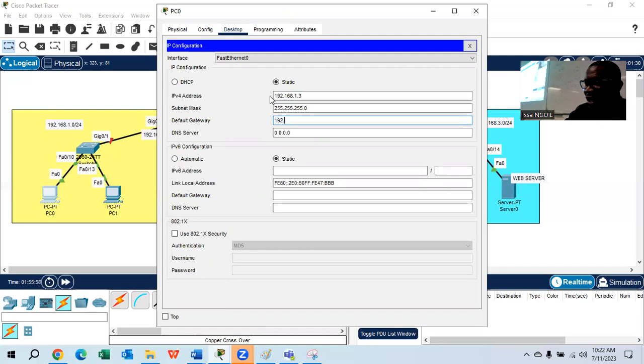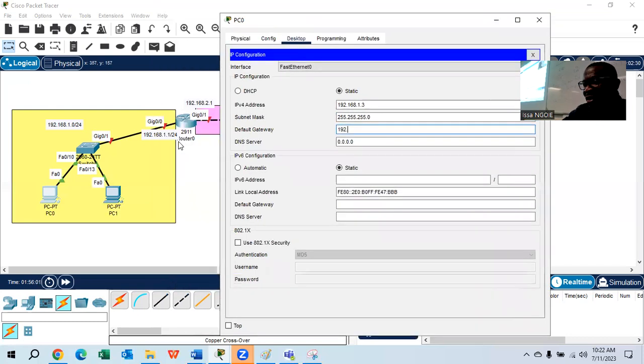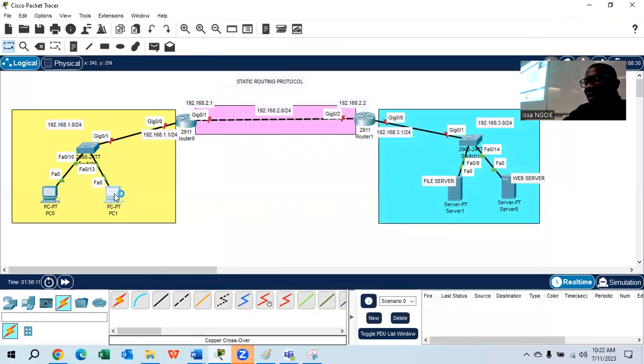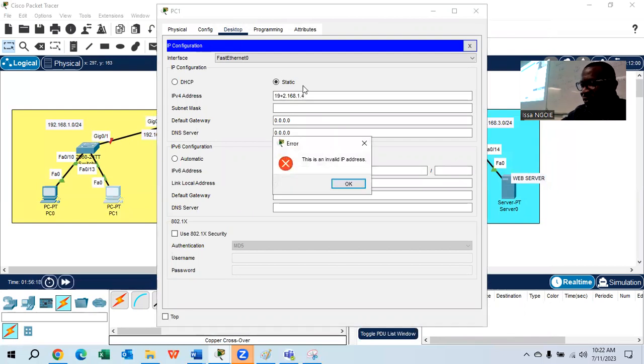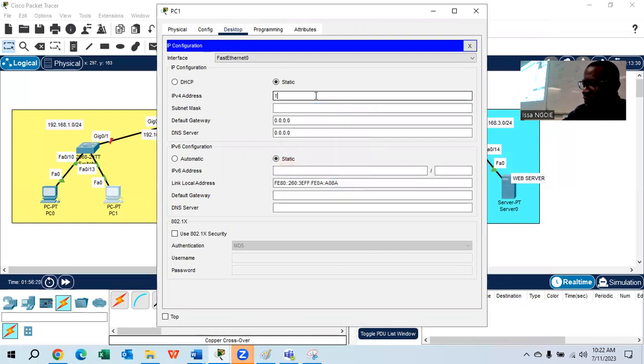And there, the default gateway, remember, it's this IP from the router, 192.168.1.1. And we can come also there, 192.168.1.4, it doesn't matter. But remember, the default gateway must always be the same.